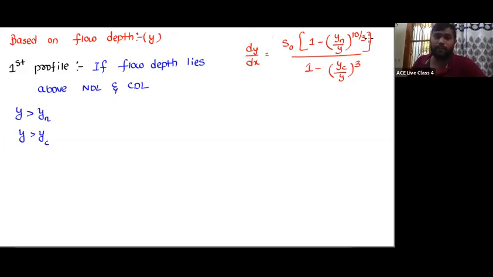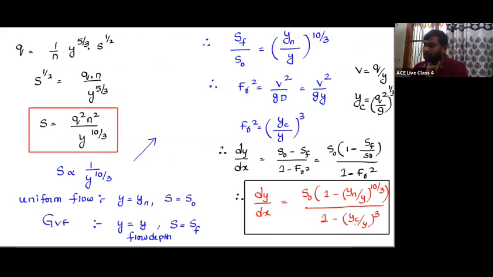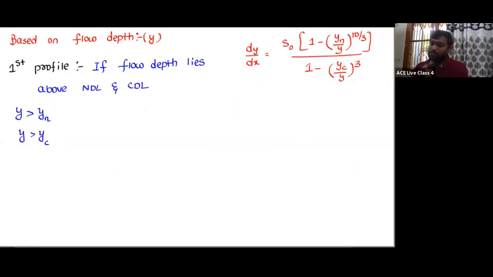So this is dy by dx, and you already know this. Now, how many depths are there? 3 depths: Y is there, Yn is there, Yc is there.